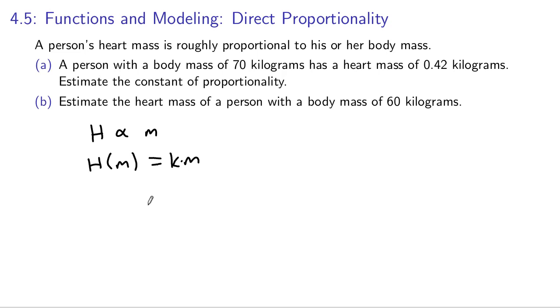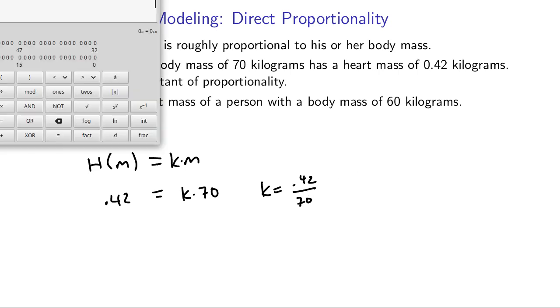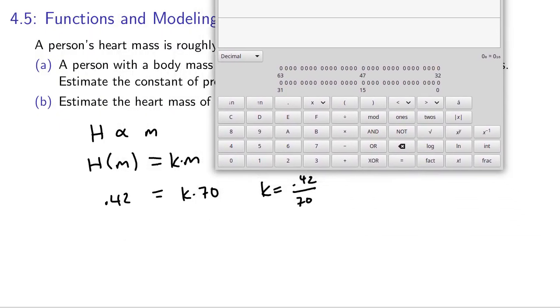So we can write an equation here to find k. So we can put heart mass, 0.42, the output, when we have an input of 70 kilograms, the body mass, and we end up with an equation which we can solve for k. So k must be 0.42 over 70. Using a calculator, 0.42 over 70 equals 0.006.